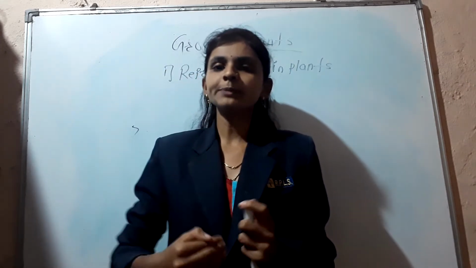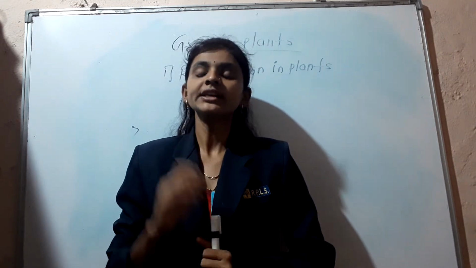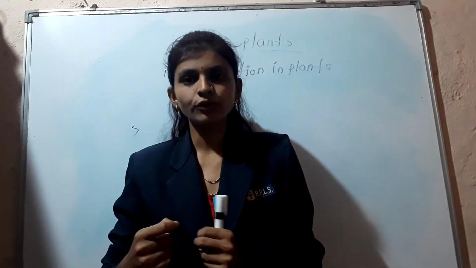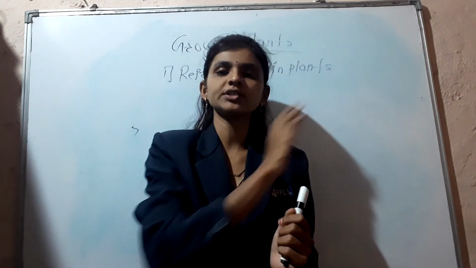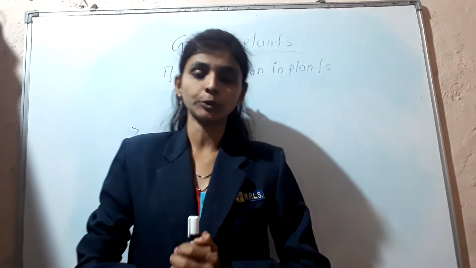If the pollen of a plant is transferred to the ovule of the same plant, that is known as self pollination. If the pollen from one plant moves towards the ovule of another plant, that is known as cross pollination.